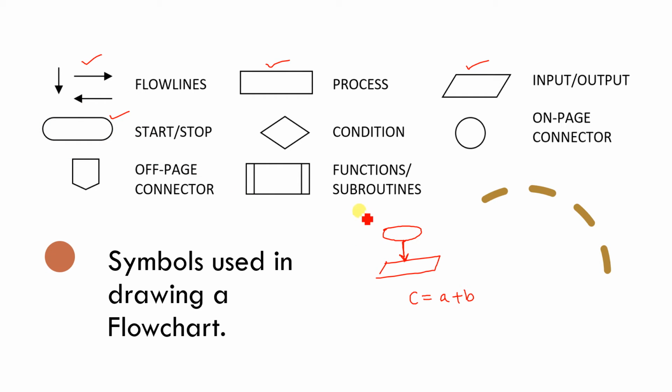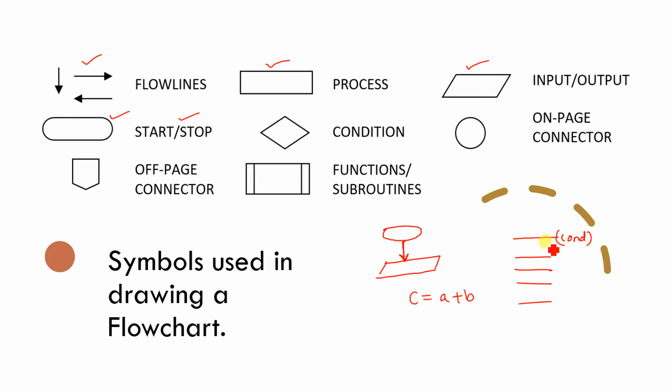I have already told you that every algorithm contains two mandatory steps. The first step is called start, and the end step is called stop. To represent those two steps, this symbol is used. Then comes the condition. I have told you that whenever there is a condition upon which other statements depend, whether to execute them or not, this is the condition step.